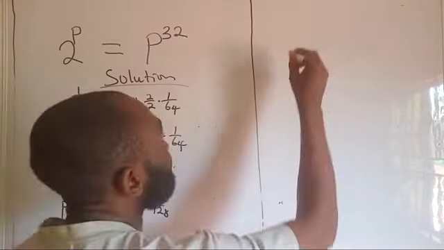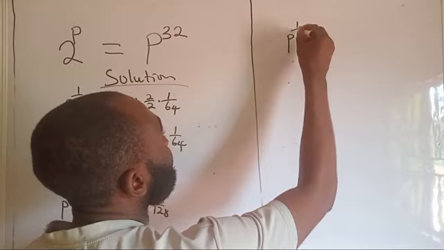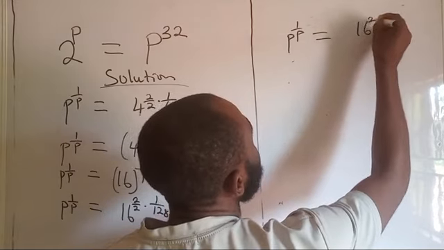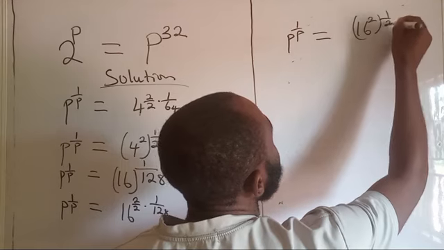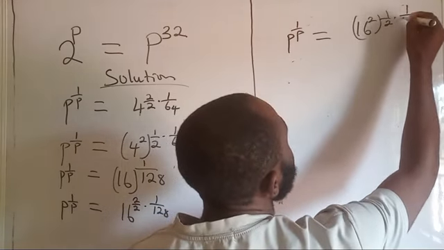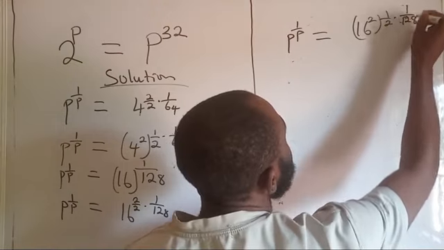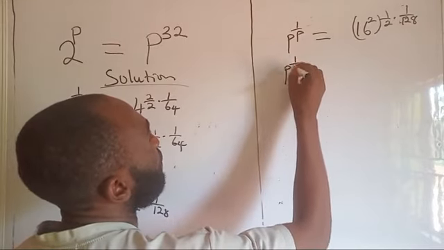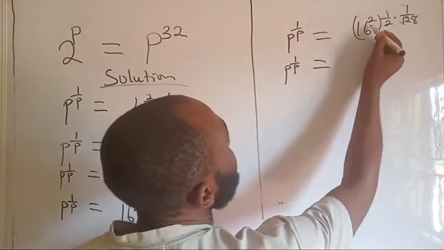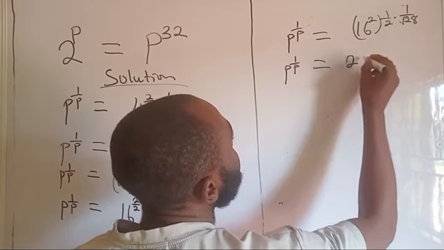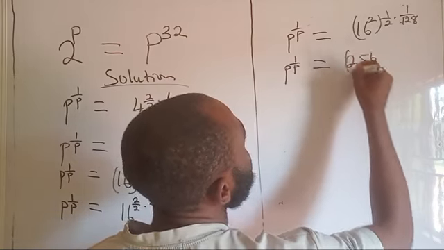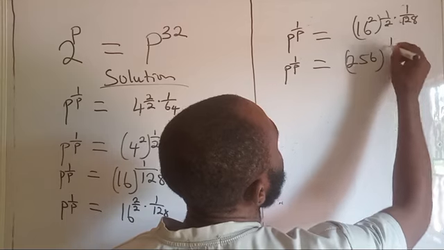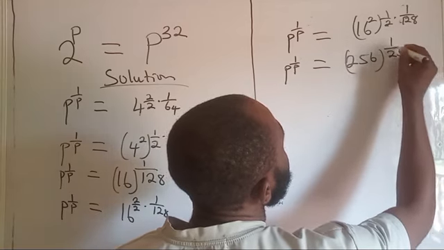This is the same thing as p raised to the power 1 over p is equal to 16 raised to the power 2, 1 all over 2, 1 all over 128. So this is the same thing as p raised to the power 1 over p is equal to 16 raised to the power 2 gives us 256. So here 2 times 128 gives us 1 all over 256.